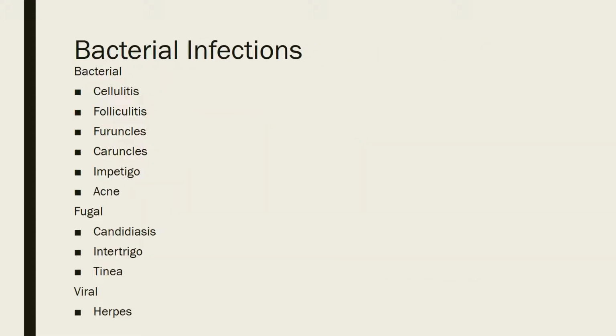Okay, bacterial infections, we want to look at all these types of infections. We have bacterial. Cellulitis is something that we see commonly for sure in our area. I've seen that quite a bit in the hospital setting.